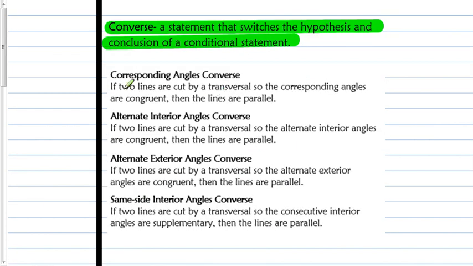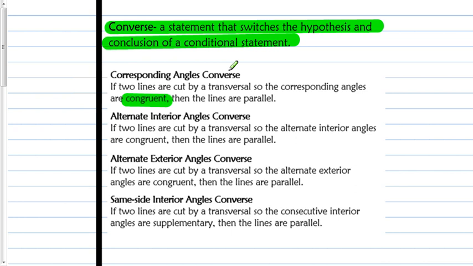We're saying if two lines are cut by a transversal so that the corresponding angles are congruent, then the lines are parallel. Before we were saying if the lines are parallel, then the angles are congruent. But now we're saying if the angles are congruent, then the lines are parallel. So converse means opposite. So now we're taking the information we have and flipping it around so that way the information can prove something else.